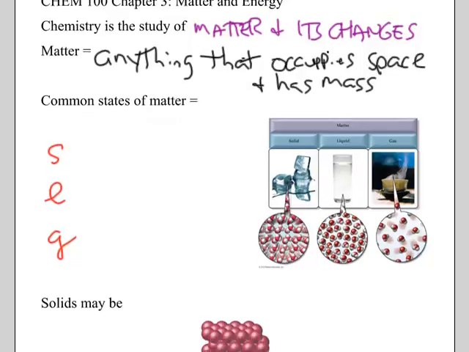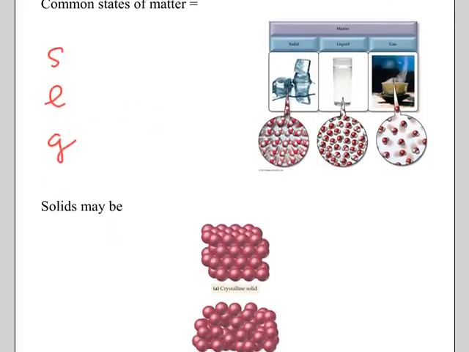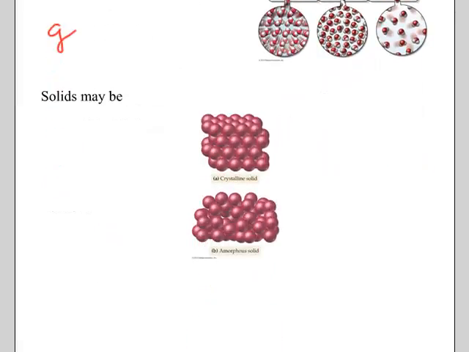And if we look at solids, solids could either be crystalline or amorphous. The top picture shows a crystalline solid, which has long-range order.